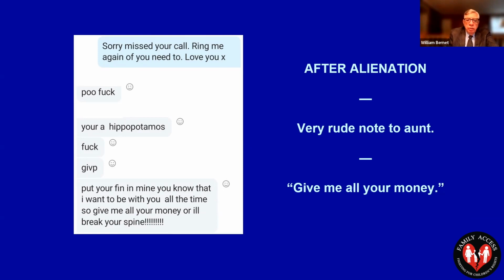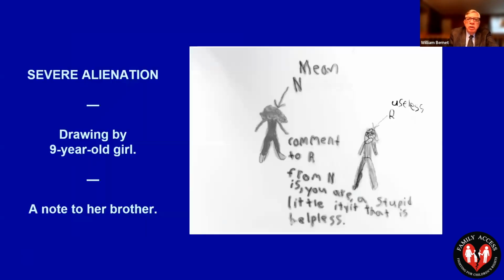So I'm going to show you another example of severe alienation. This is a picture drawn by a 9-year-old girl. And the information we have is that this was during a time when she was alienated. She has a picture of herself and her sibling, and the children's names have been removed with PowerPoint.